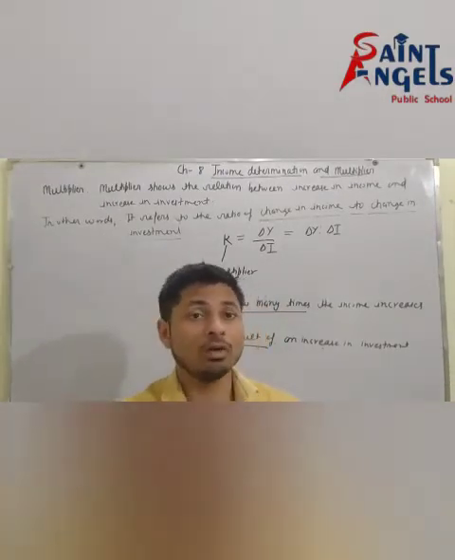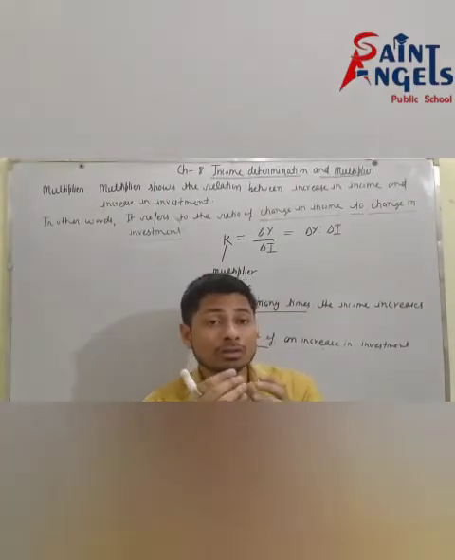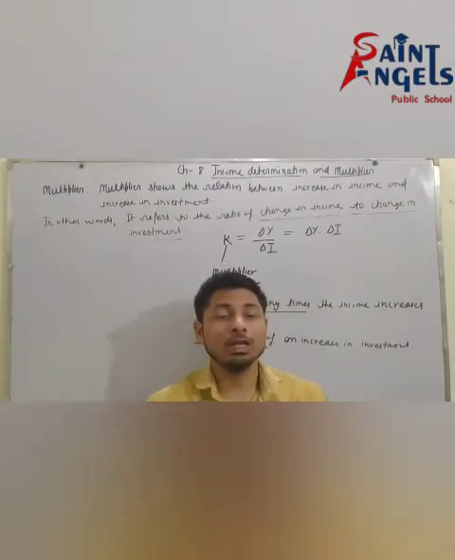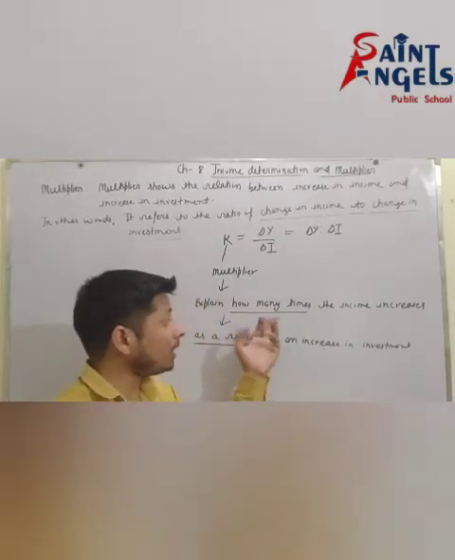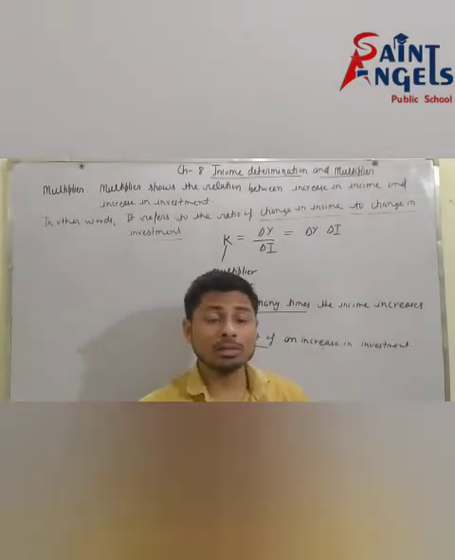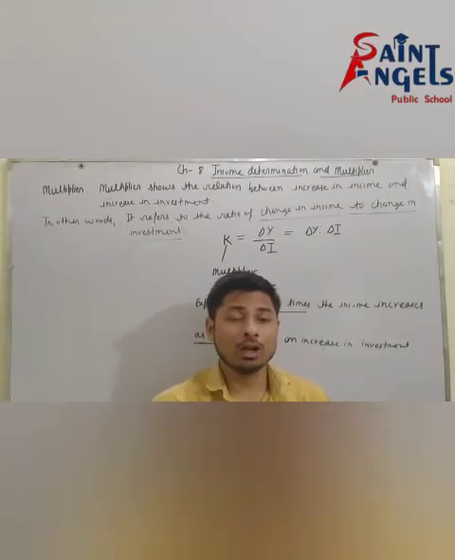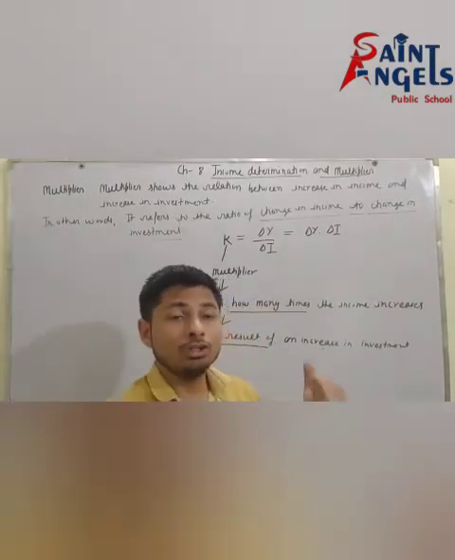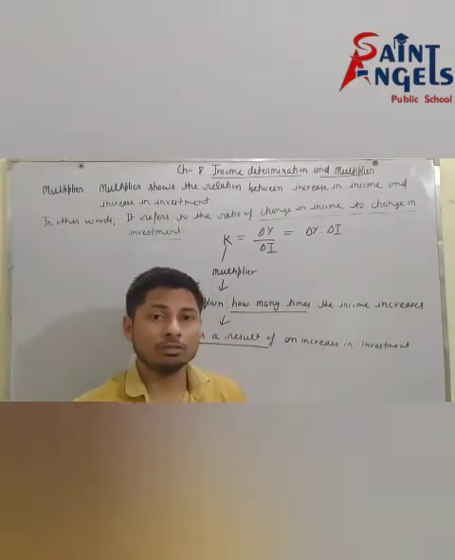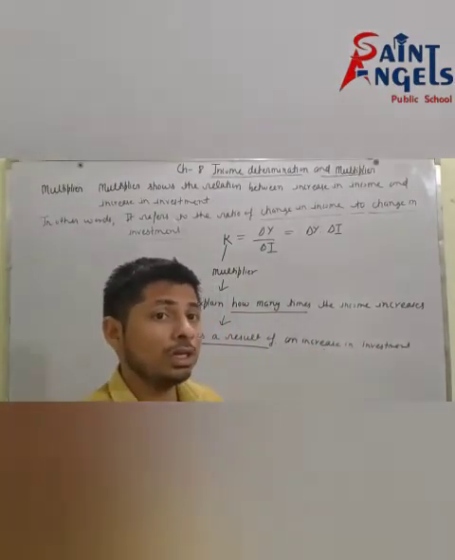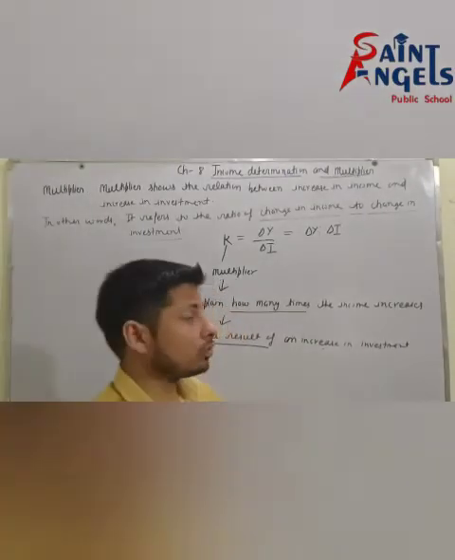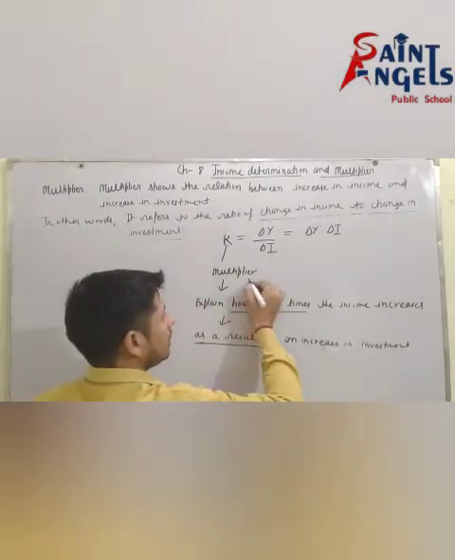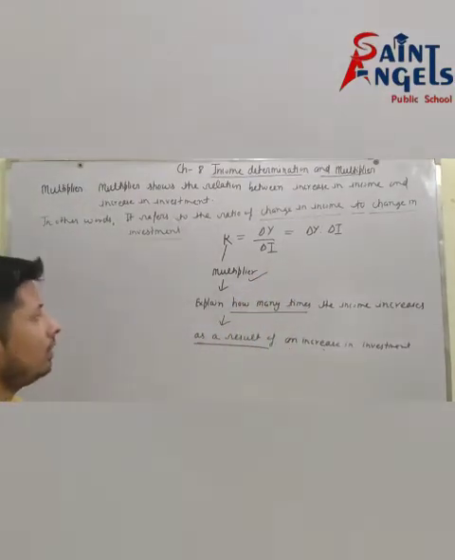And you will also say that multiplier explains how many times the income increases in an economy due to increase in investment. So I hope all of you have understood what you mean by multiplier.